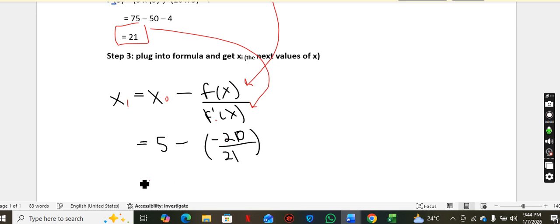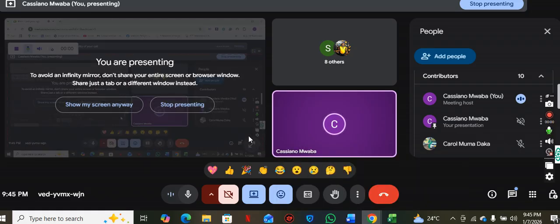Colleagues with calculators, give me to 4 decimal places. The reason why I'm saying 4 decimal places is because with this method, there are 2 ways you can know how to stop. The first way is when your values of x are now very close to each other. There are no big changes between them.